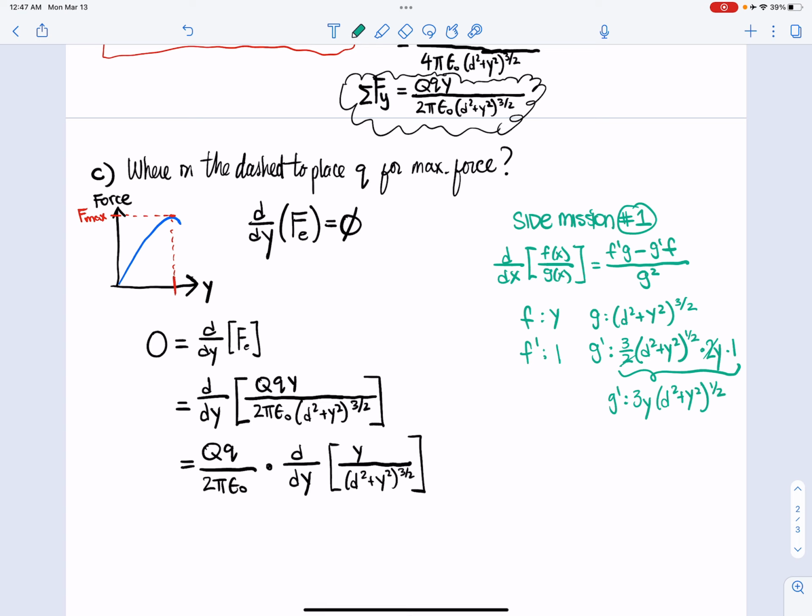Okay? So therefore, f prime g minus g prime f over g squared is going to be equal to, by the way, that's what this is, right?